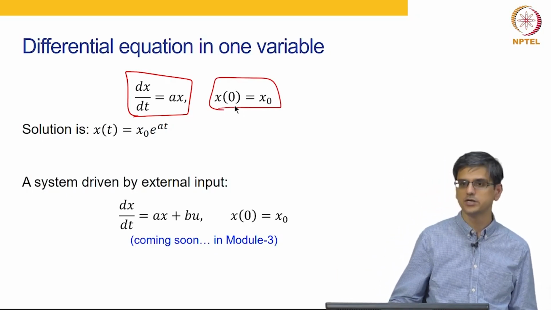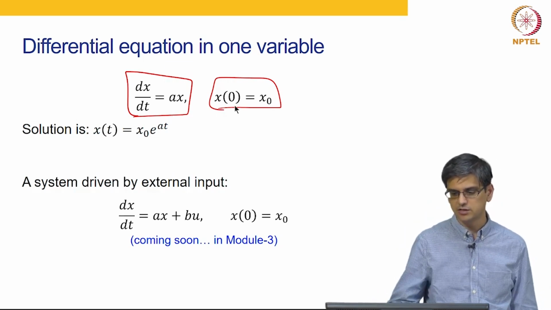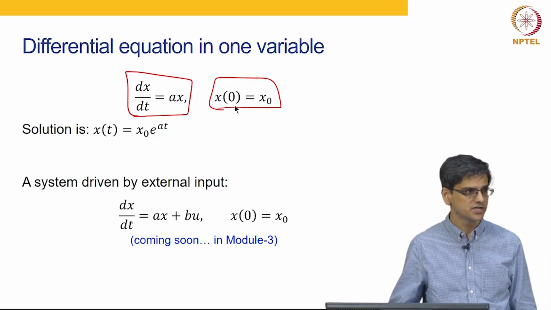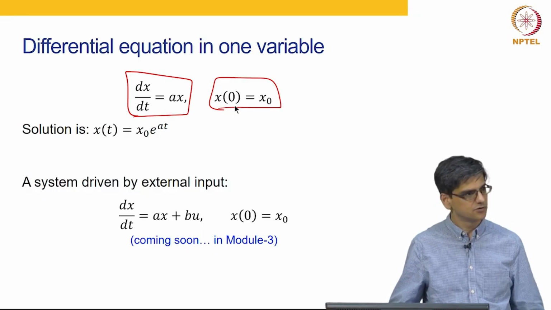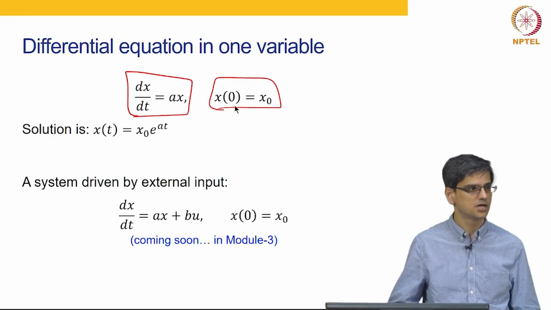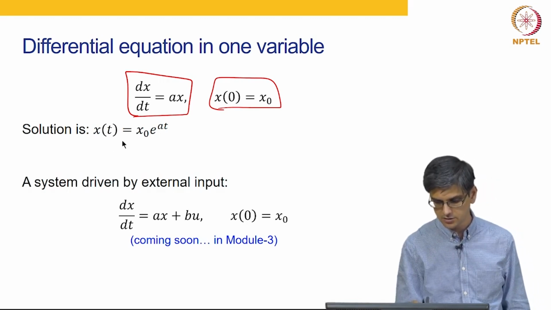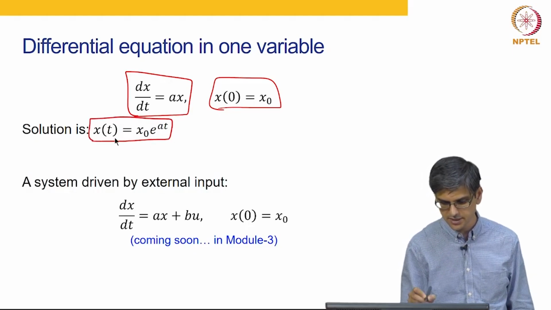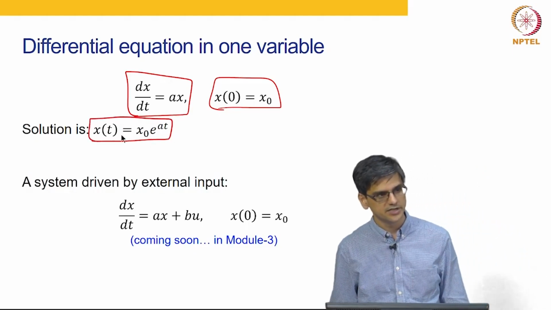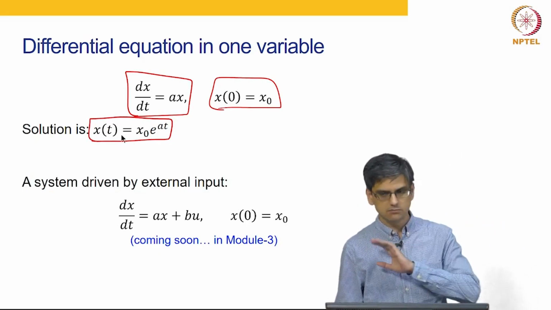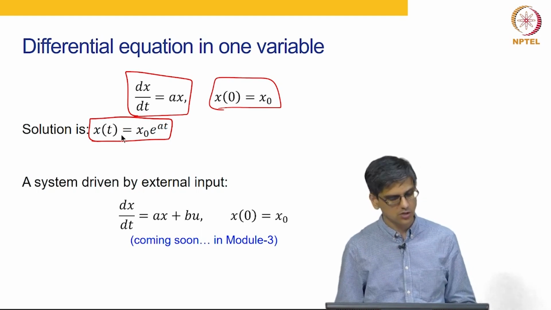You can take x in the denominator, dx by x, that is log of x equal to at plus c, therefore x equal to another constant c multiplied by e to the power at. At t equal to 0, x equal to x naught, and therefore at any time t, x is x naught e to the power at. Okay. So that is the differential equation and you know how to solve it.